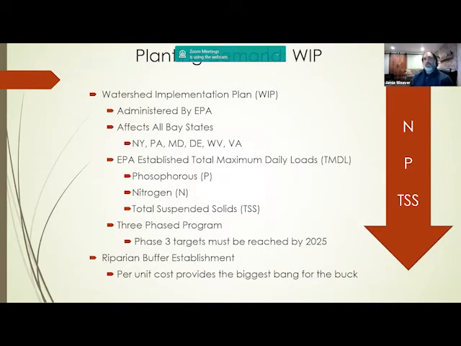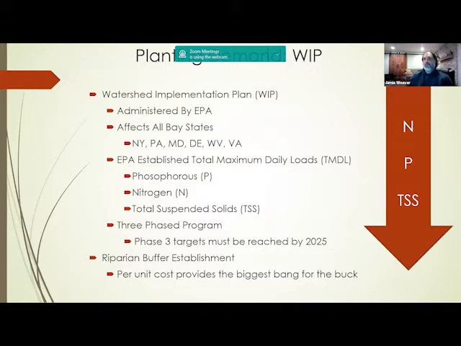So it's called the Watershed Implementation Plan. That's administered by the EPA. It affects all the Chesapeake Bay area watersheds, or states within the watershed, and in effect is a mandate down to the states saying we must meet certain limits under what is called a total maximum daily load, TMDL is the acronym, of certain inputs: phosphorus, nitrogen, and total suspended solids.